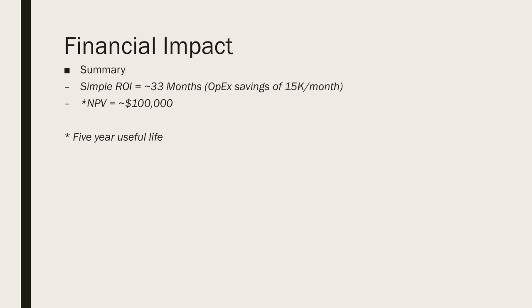In another 5 years, we'll be looking at doing a similar project. So if we use NPV, net present value measurement, the project is plus about $100,000. Okay, so about 20% of the spend. Okay, that's pretty good value.